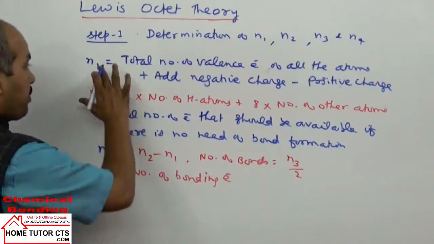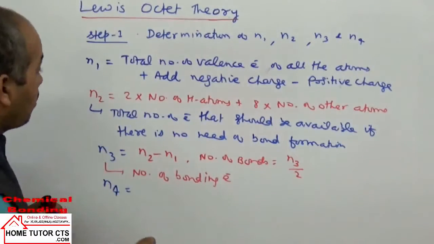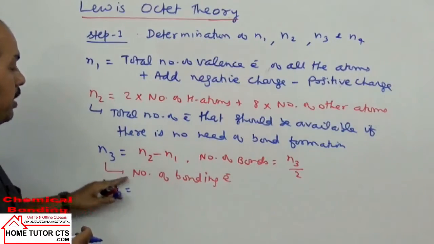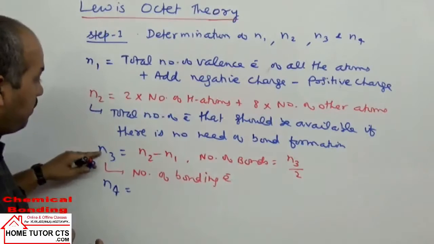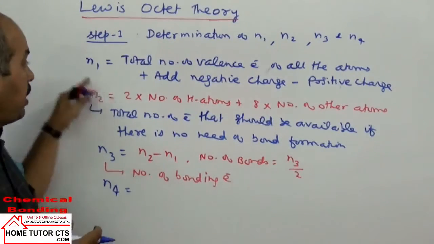See, N1 is the total number of electrons available in the valence shell, and N3 is the number of bonding electrons, meaning this difference is used in bond formation. But N1 is more in number.